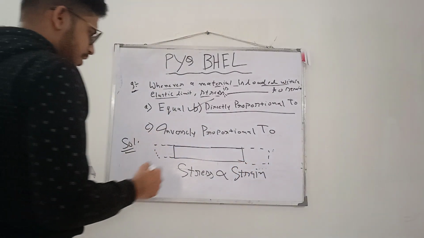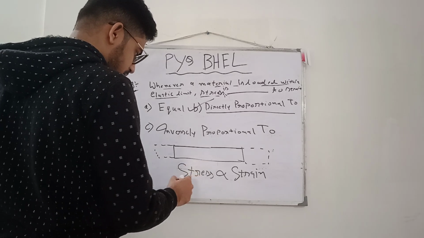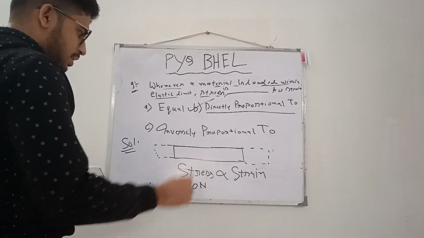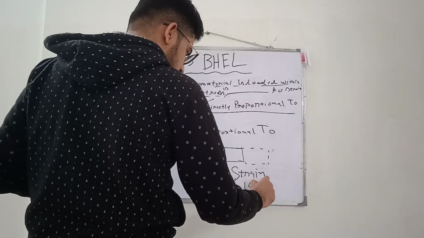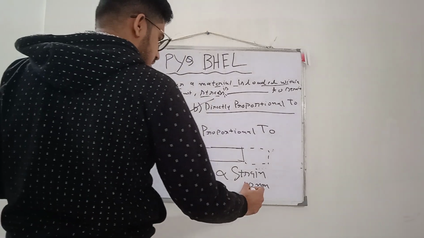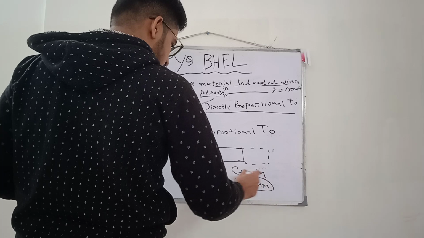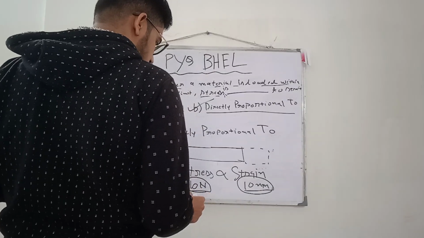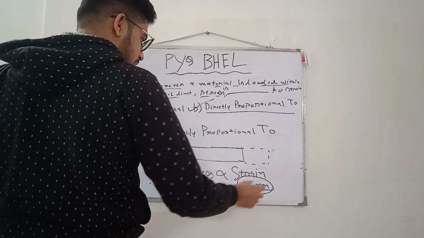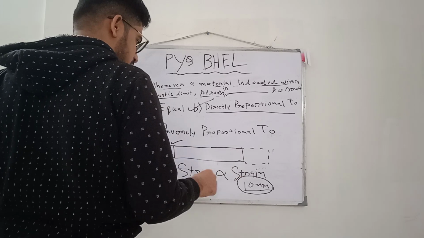If we give some force like 10 Newton, then a strain of 10 mm will occur. Whatever amount of stress we give, that same amount of strain will occur in that material.